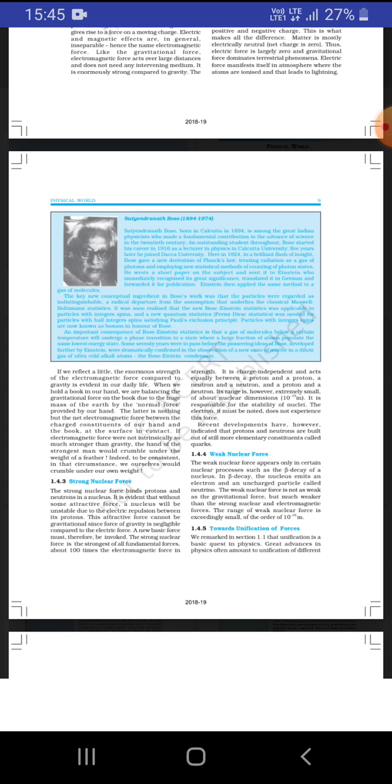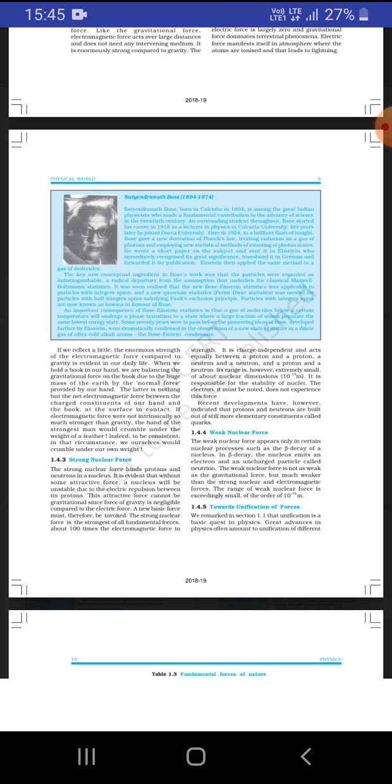The weak nuclear force is not as weak as gravitational force. Gravitational force is also weak, but the nuclear force is not so weak that it is more weak than the gravitational force. It is not like that.